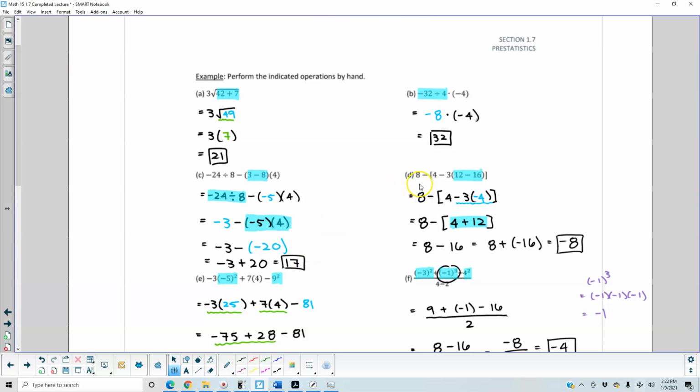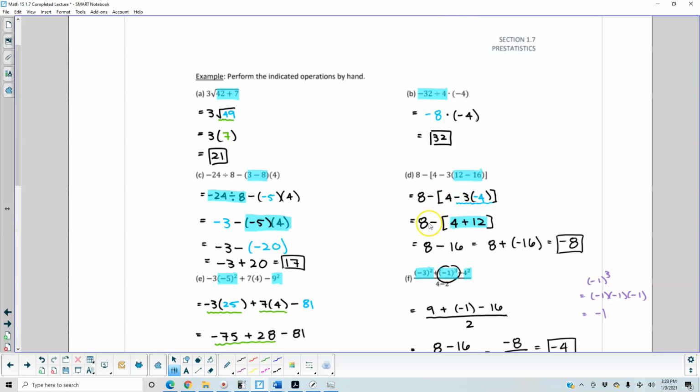In part D, we have 8 minus bracket 4 minus 3 parenthesis 12 minus 16 parenthesis bracket. So we need to work on the innermost part of this, which means we need to do 12 minus 16 first. So we have 8 minus bracket 4 minus 3 times negative 4. Now again, we're still working within the bracket, so we need to do the multiplication inside of there before the subtraction.